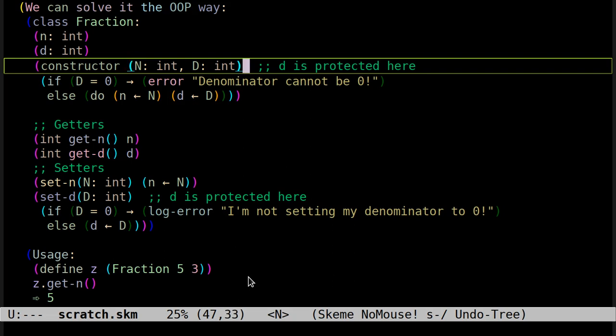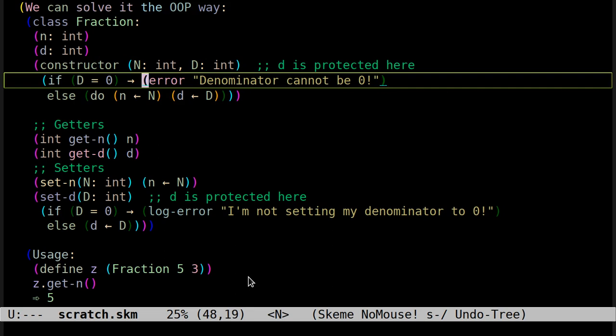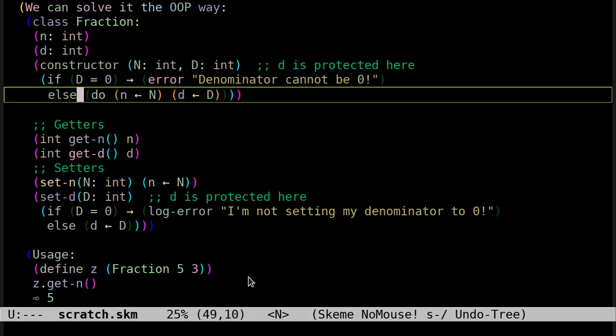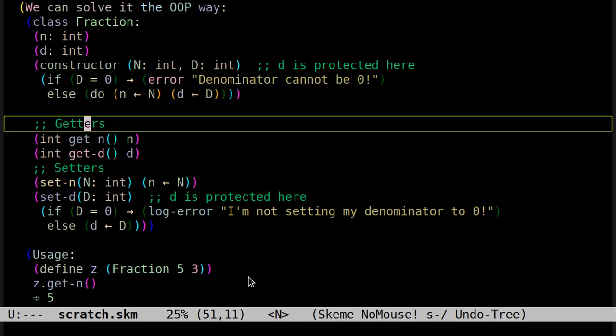So here the protection comes into play. d is protected. If the input d is 0, then it errors out because the denominator cannot be 0. Otherwise, it does the same thing as the structure.